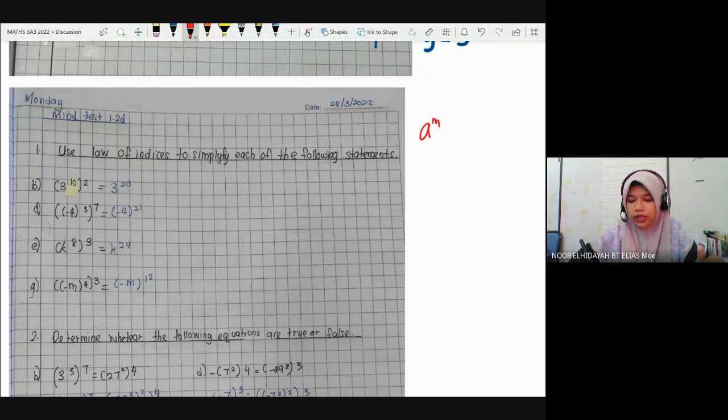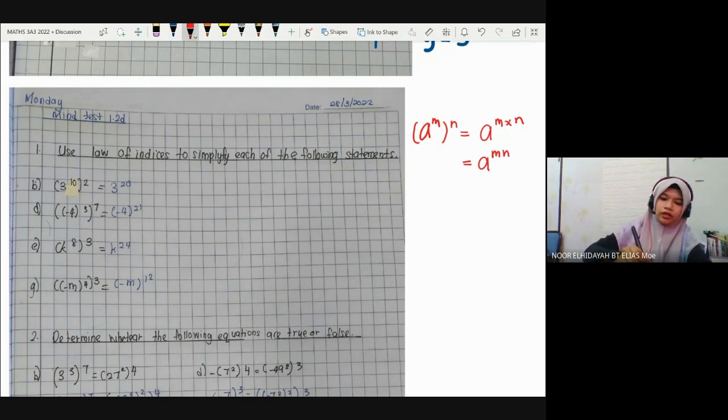For example, a to the power of m to the power of n. The law is we have to multiply the index, so we will get a to the power of mn. Senang sahaja this one.